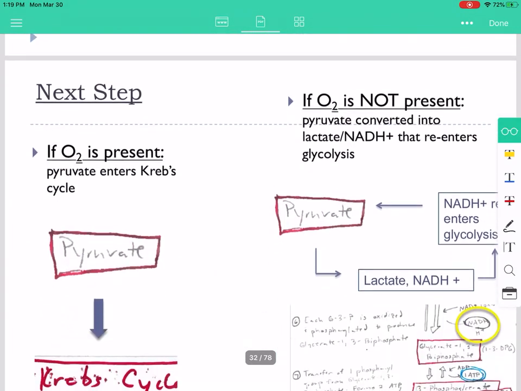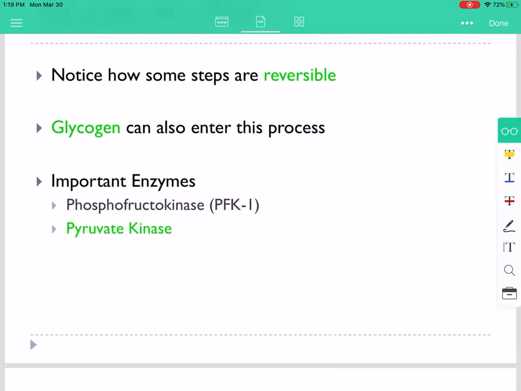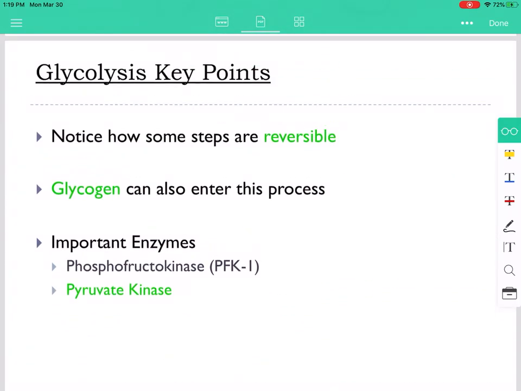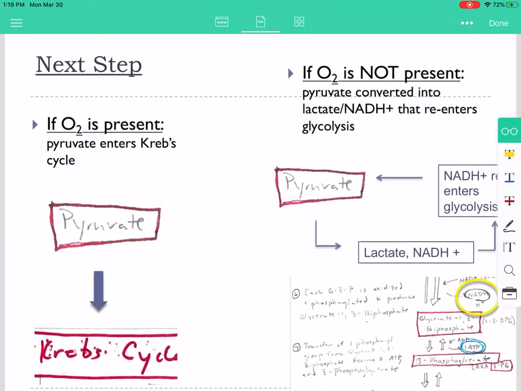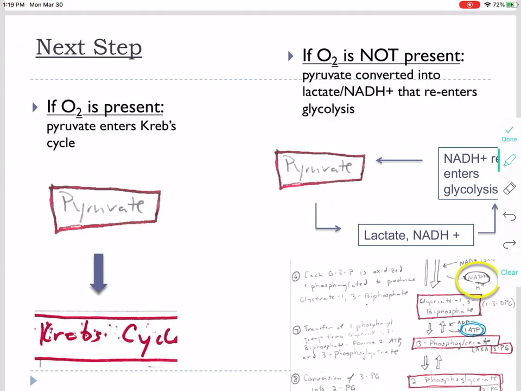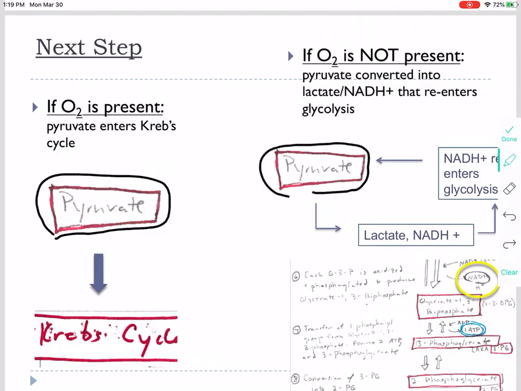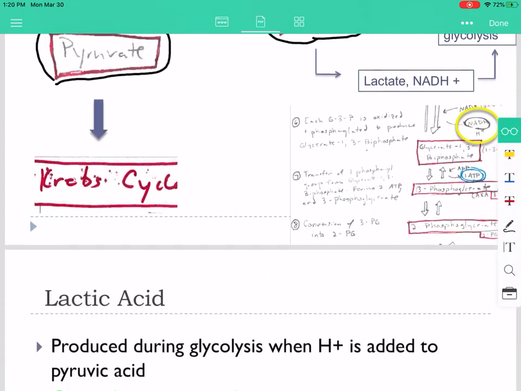All right. Let's talk about the Krebs cycle. Before we do that, there's an important thing that happens after glycolysis. After glycolysis, we are left with pyruvic acid, or pyruvate.